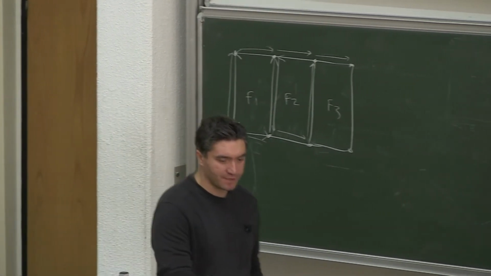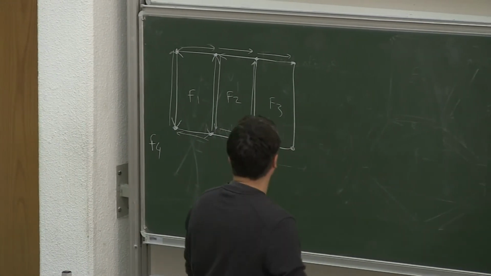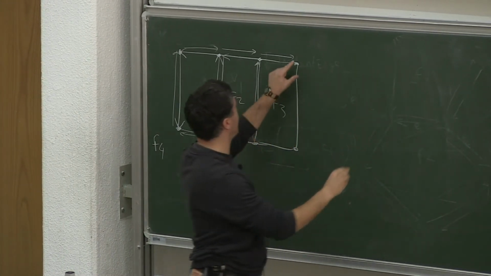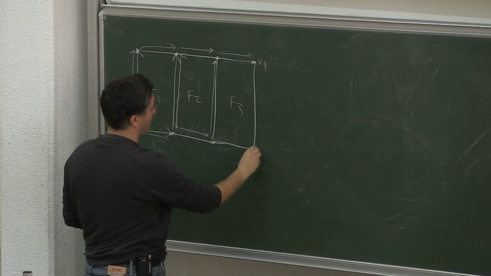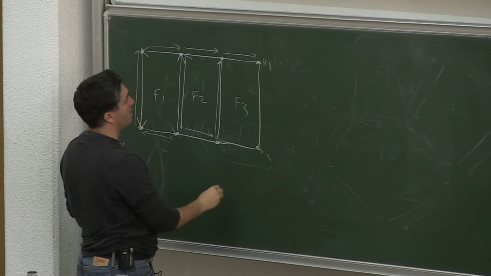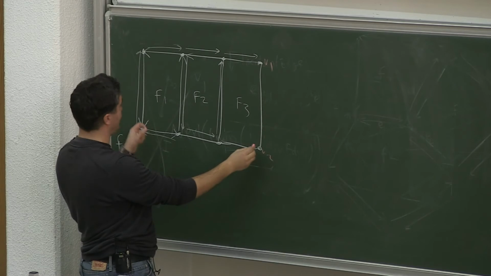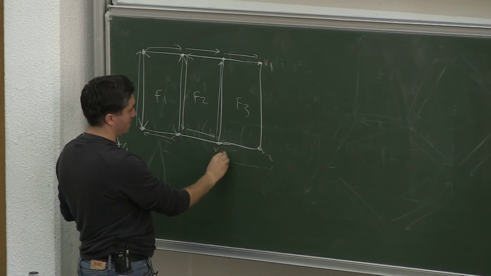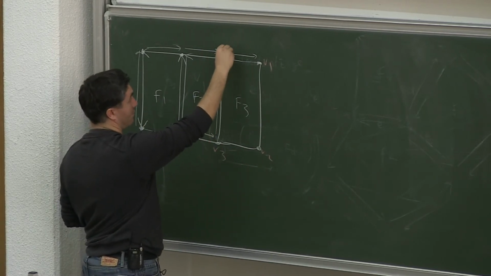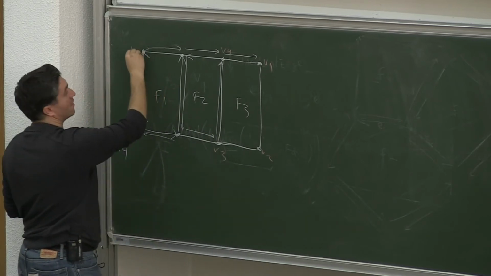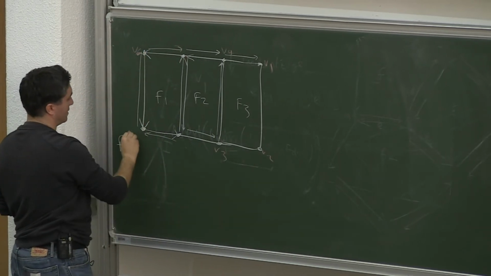Now I'm going to draw another subdivision, which has exactly the same vertices. So this V1, V2, and also the corners are going to be shared, V3, V4. So this V6, V7.